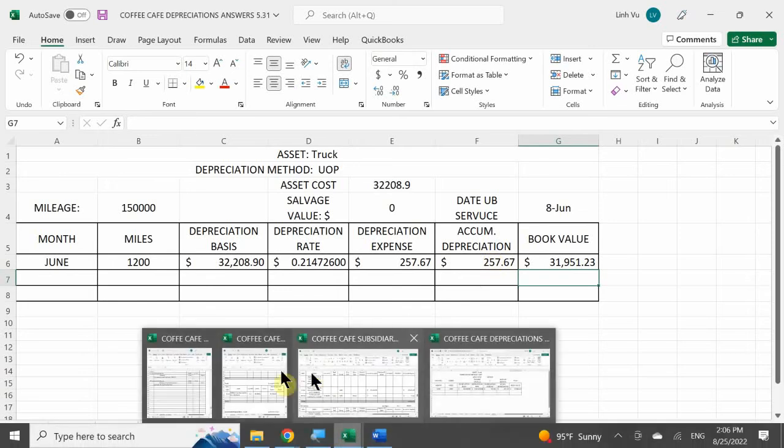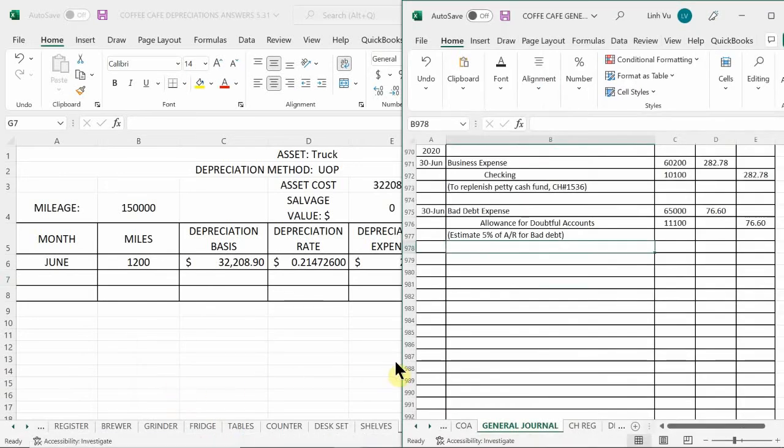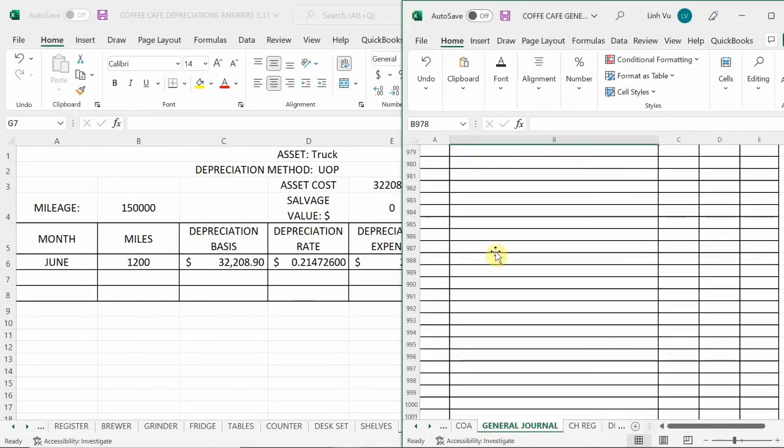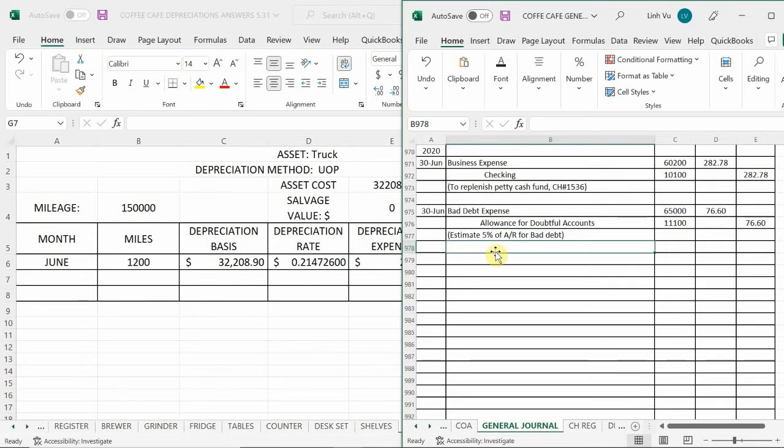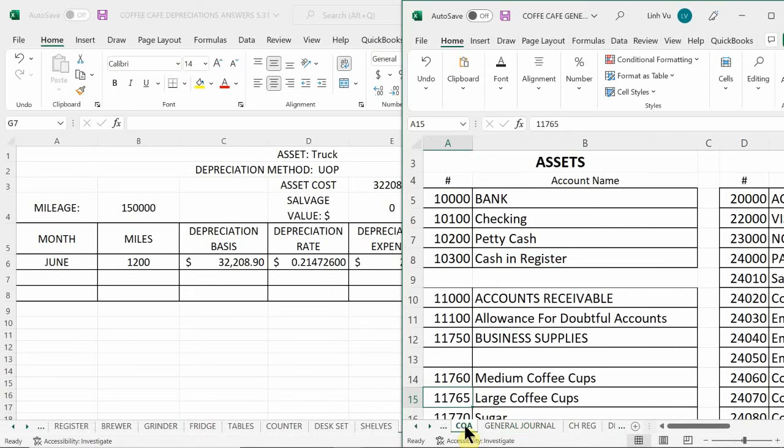Now let's jump back into our journal. How do I journalize the usage of my fixed assets? What represents that? There's an account that says... my brain just went dead.